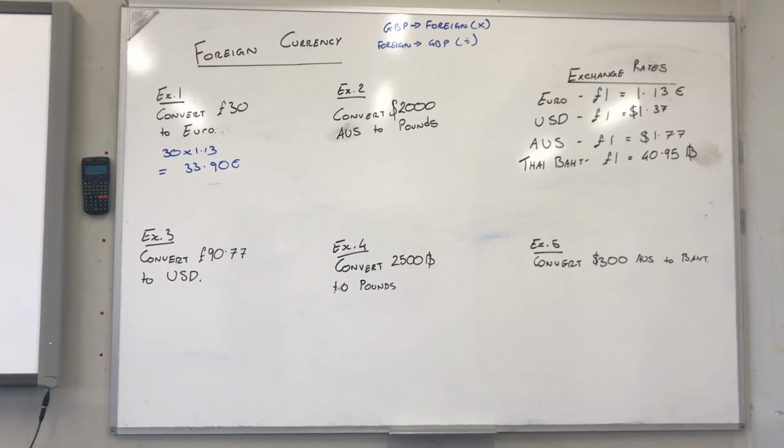Example 2, convert 2,000 Australian dollars to pounds. So we look at the exchange rate, it's 1.77, and so we're going to divide 2,000 by 1.77.